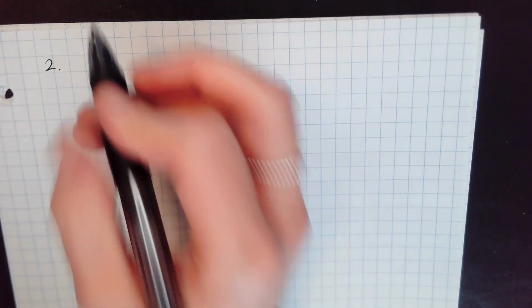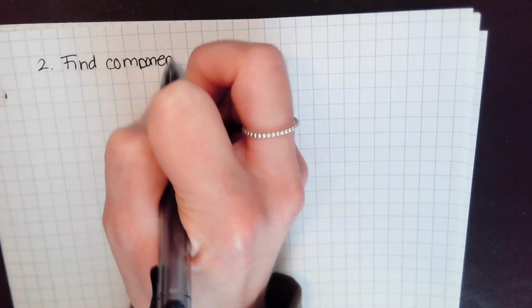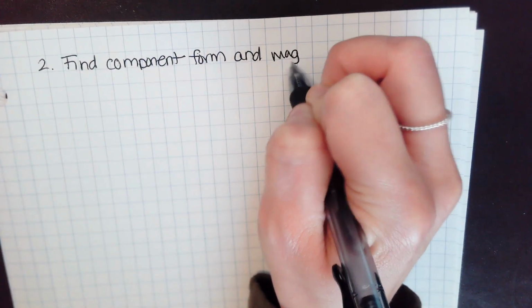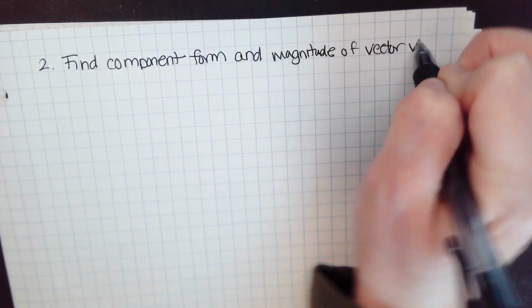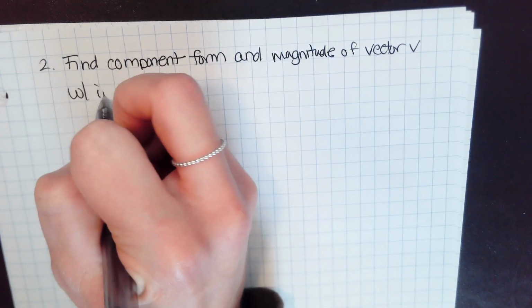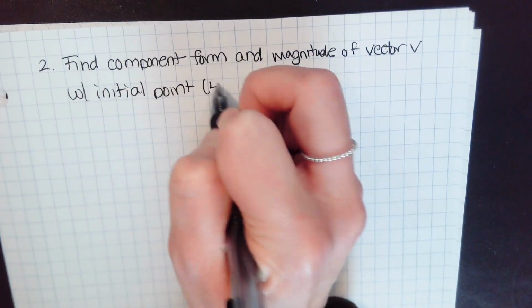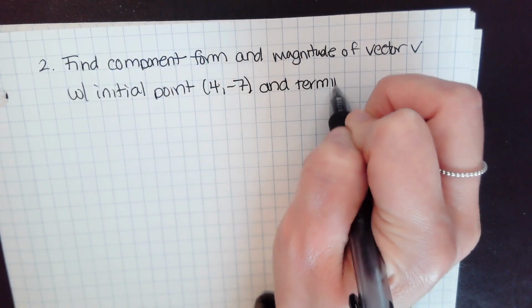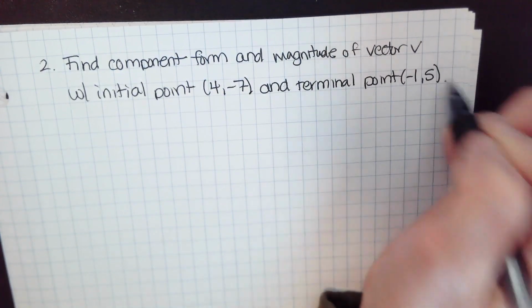Number 2, again, I want you to find the component form and the magnitude of vector v with initial point (4, -7) and terminal point (-1, 5).